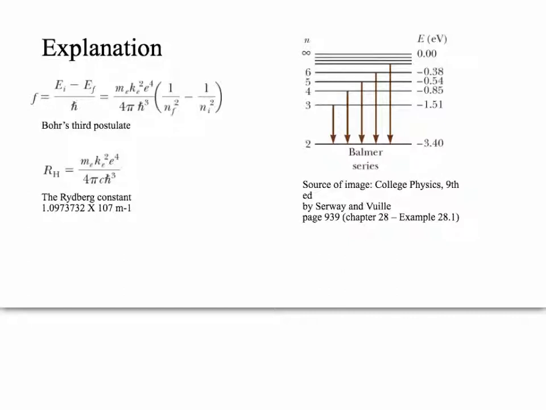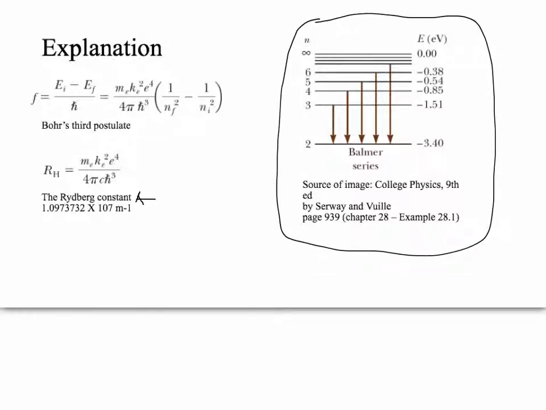Now, there's something called a Rydberg constant. I might have told the history a little bit skewed. Rydberg actually came up with the initial easy equation for calculating all this, but then Bohr came along and explained what this Rydberg constant actually means.